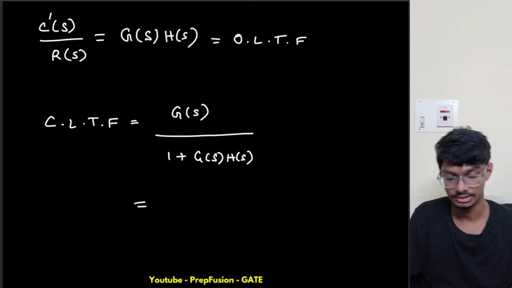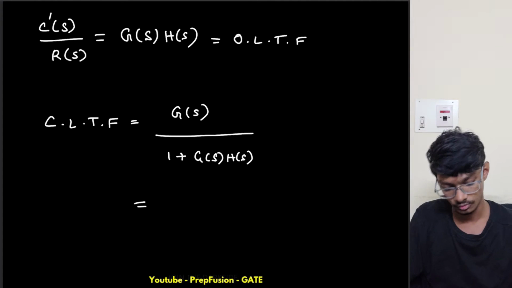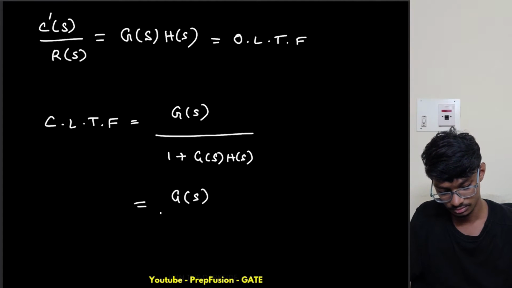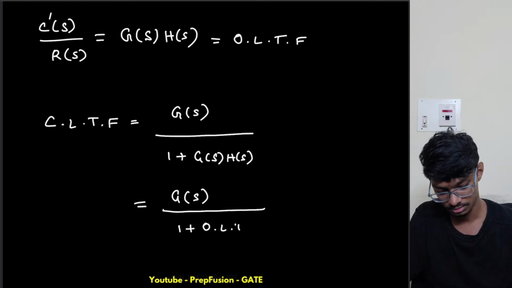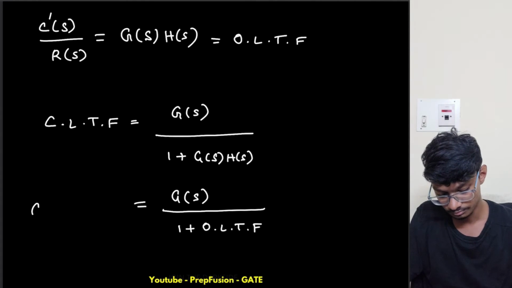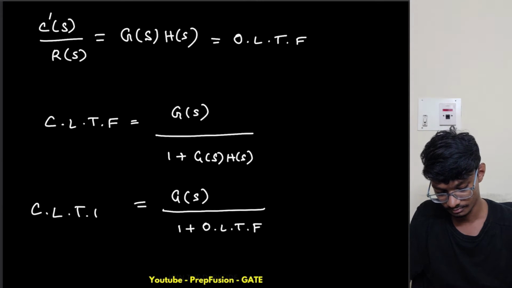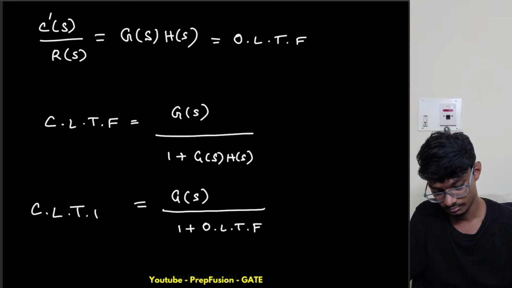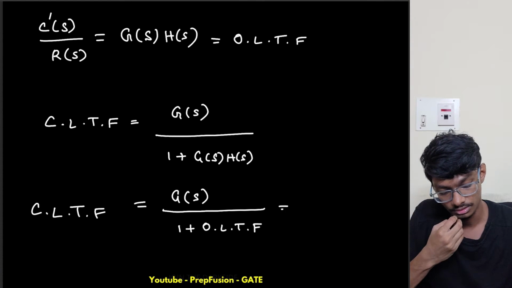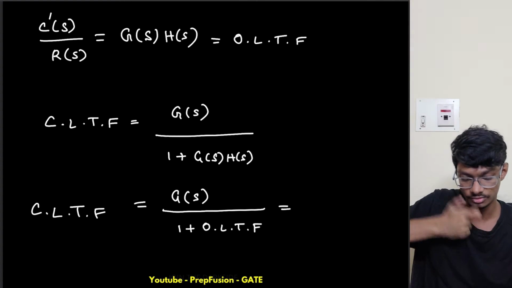Basically, g into h is OLTF, right? So CLTF is g of s upon 1 plus OLTF.